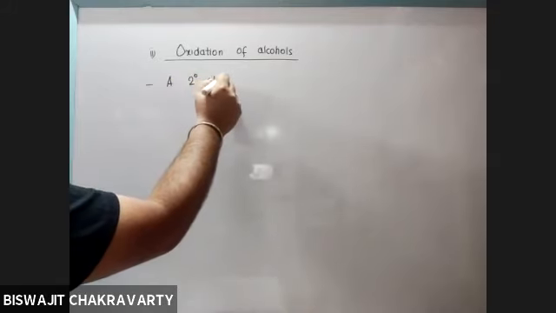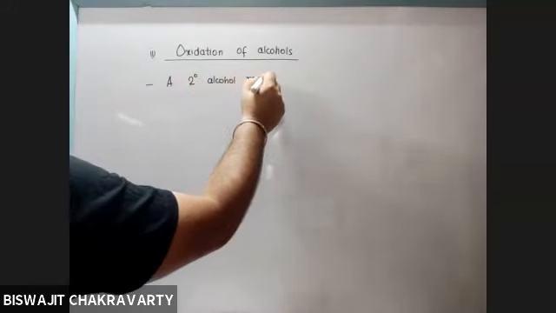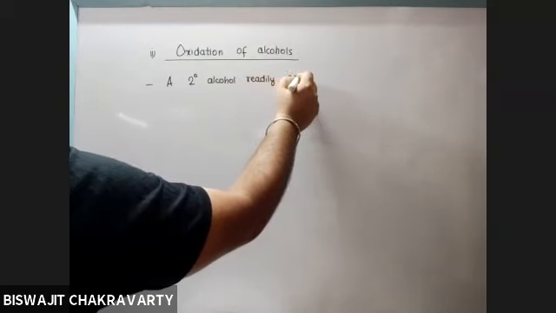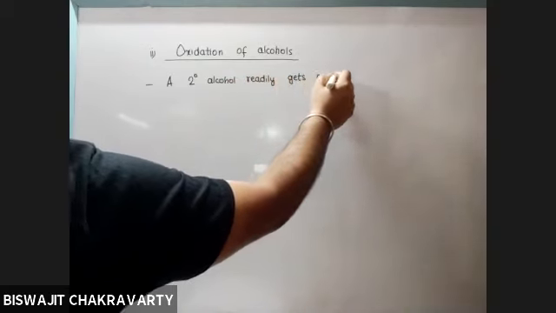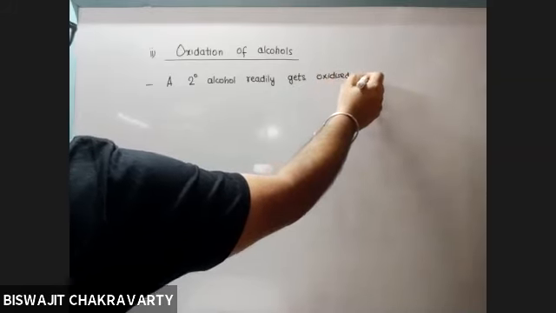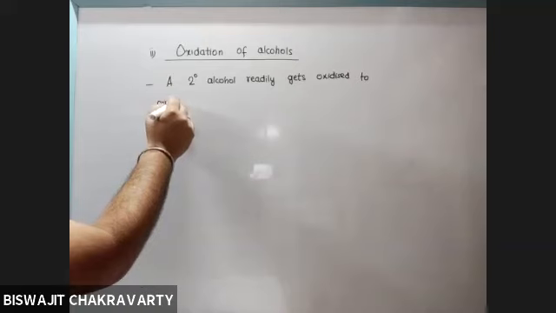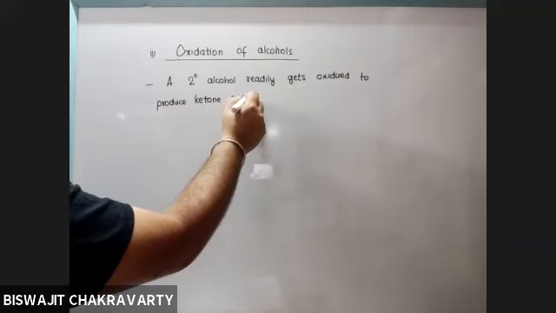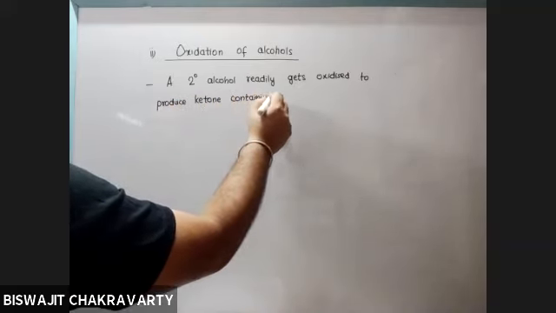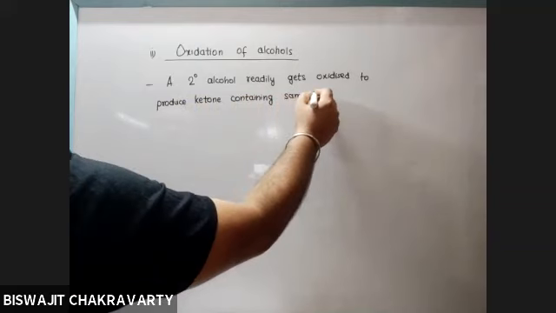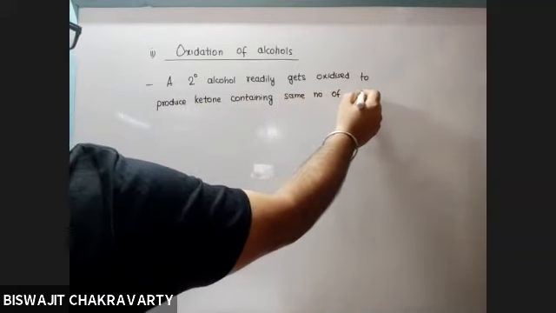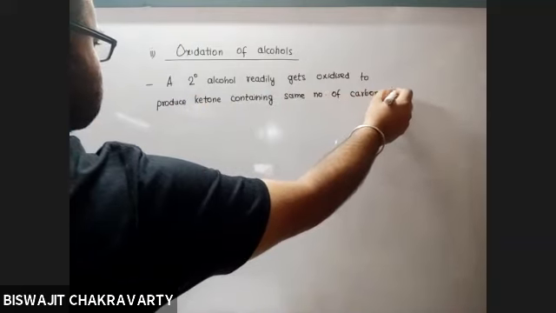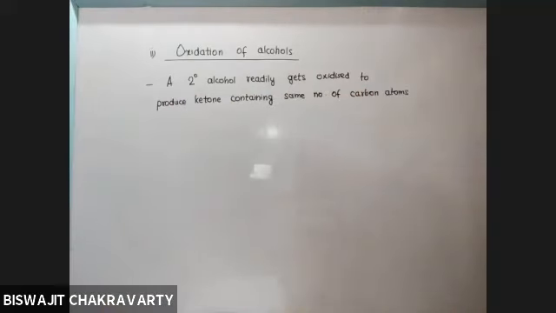A 2 degree alcohol readily gets oxidized to produce a ketone containing the same number of carbon atoms. Because it has one oxidizable hydrogen, there is no problem in oxidizing it to ketones.